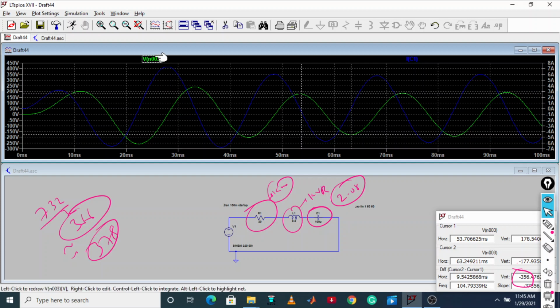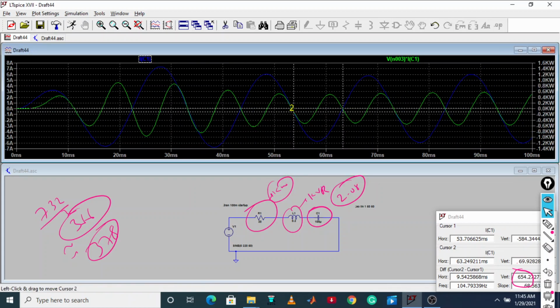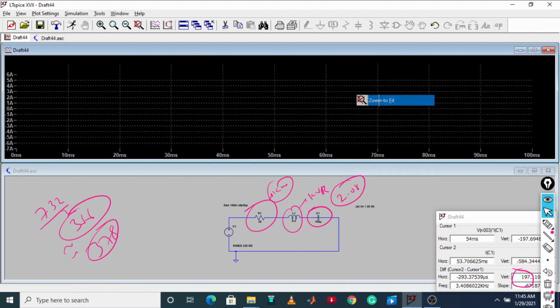Now if I multiply this with the IC1, this is going to give me the power. This is your kVAR. Now zoom to fit.